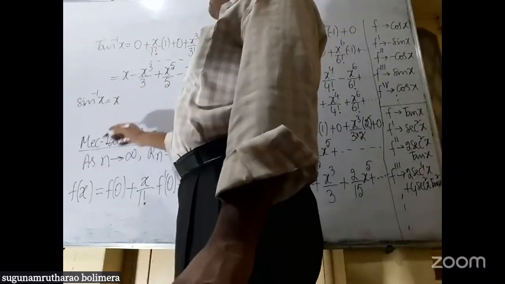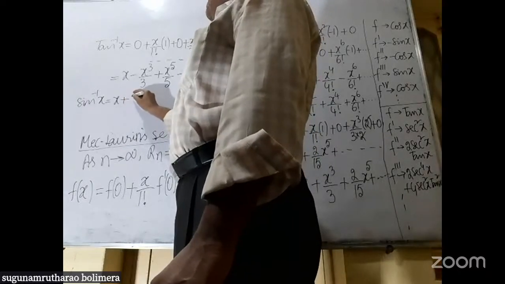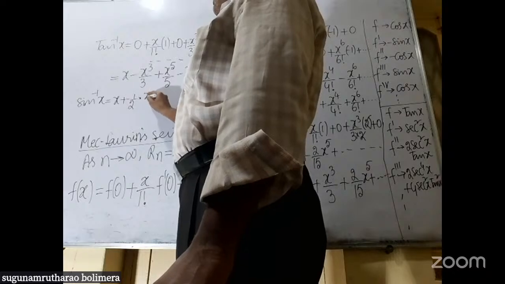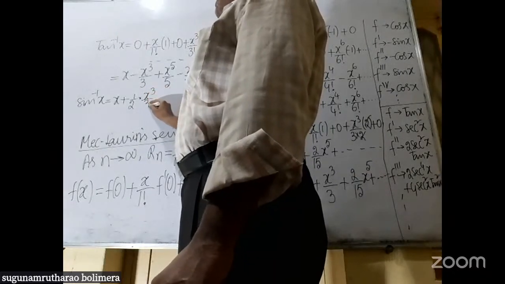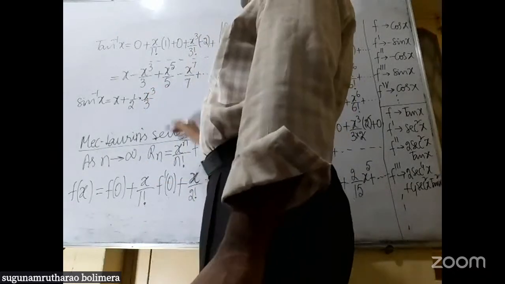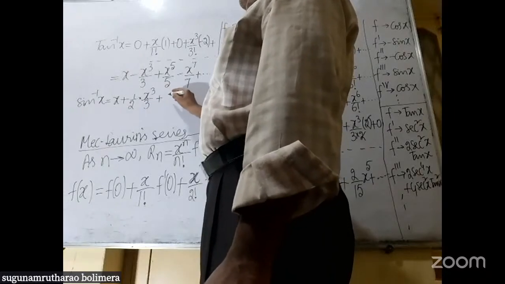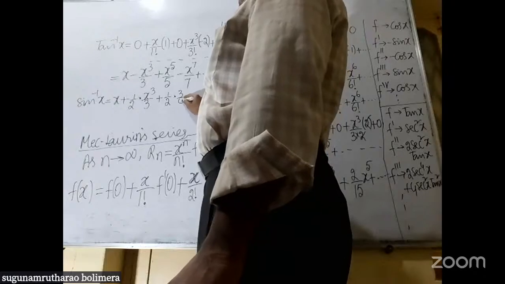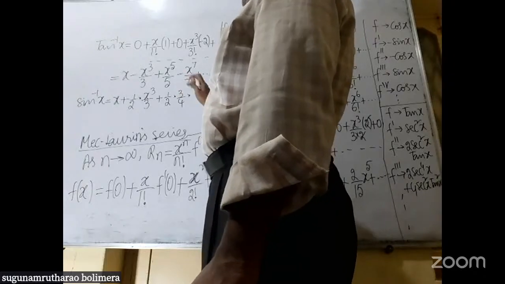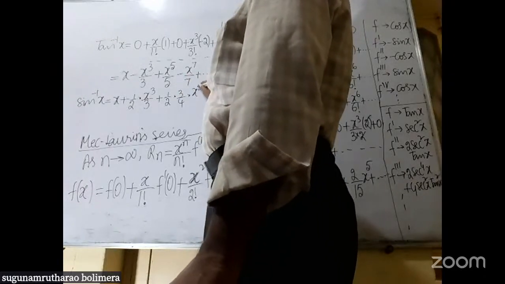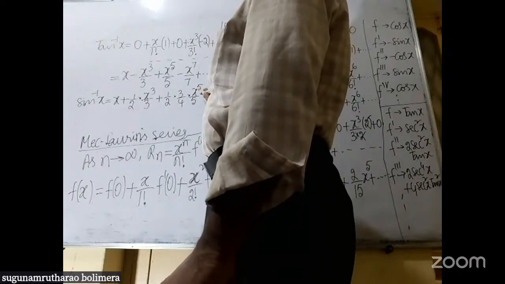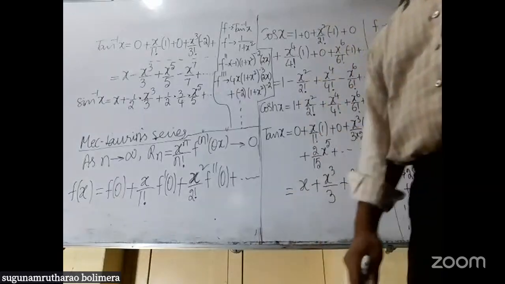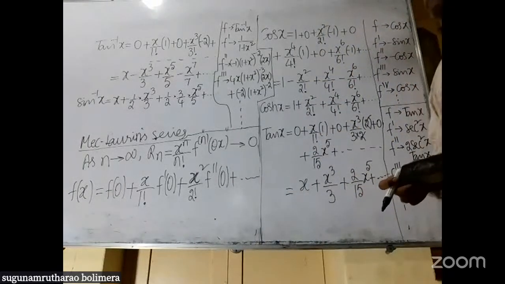You will get x plus 1 by 2 into x cube by 3 plus 1 by 2 into 3 by 4 into x power 5 by 5 plus and so on. All are positives.